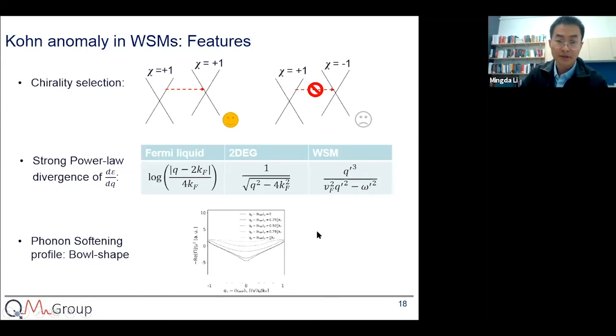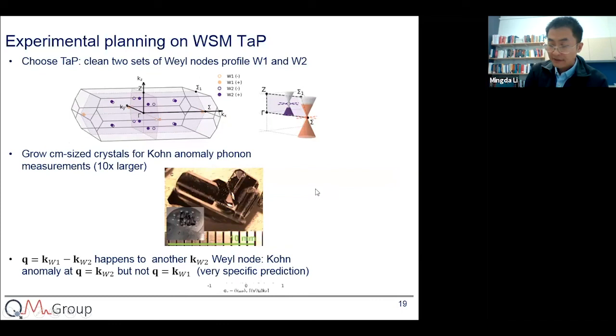Consequently, the softening is not happening only at a single point, but can also happen at nearby points in momentum space, like this bowl-shaped softening. Whenever the Kohn anomaly happens, the phonon energy will drop.